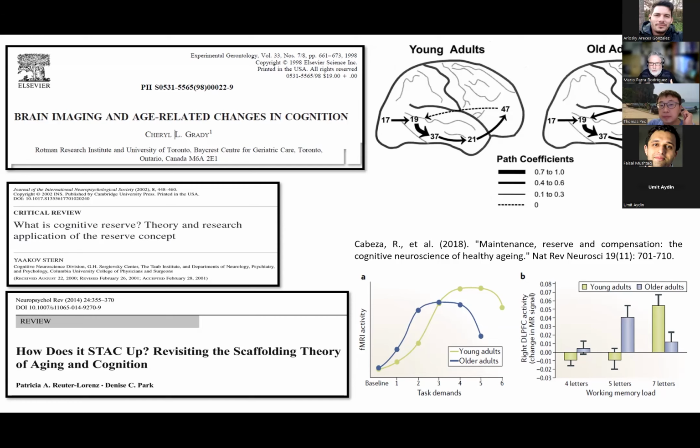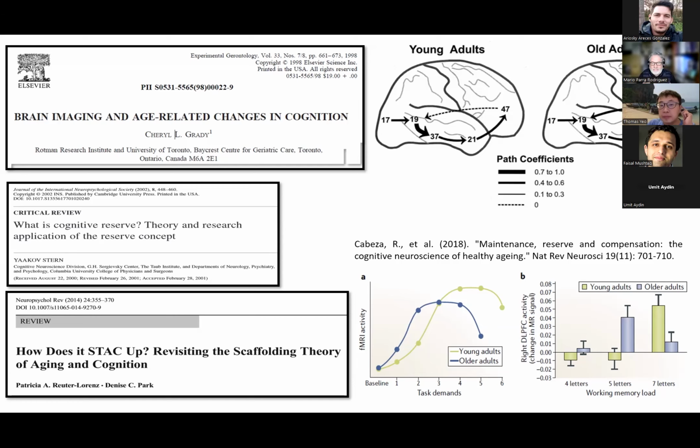As we grow older, there are changes in the way the brain organizes because there are changes in the number and strength of connections between different parts of the brain. And this has been observed in association with a high level of cognitive ability, meaning that for older people to retain a high level of cognitive function, they tend to recruit more than they used to in the past.